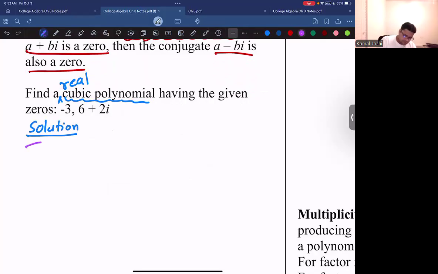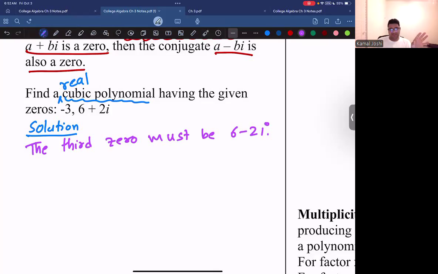The third zero must be 6 minus 2i, right? The minus 3 is a real number that is not irrational either, it's a rational real number, so that can occur independently.